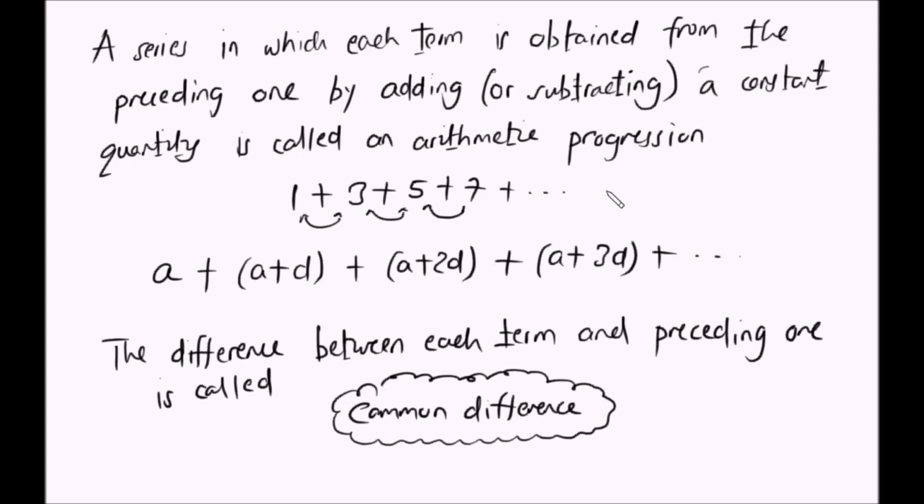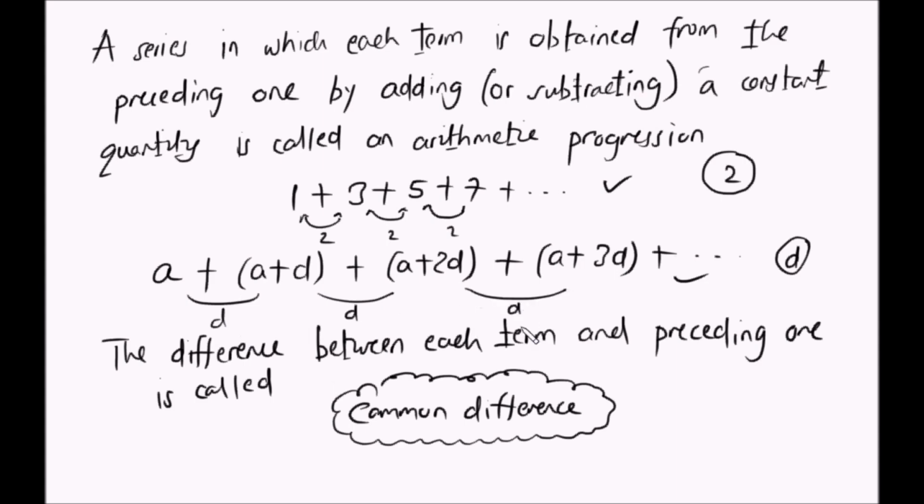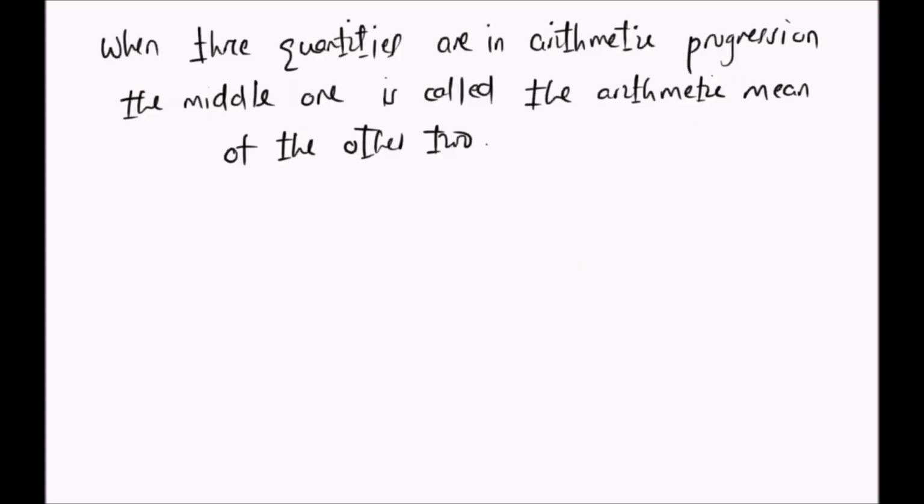For example, kwa case hii common difference itakuwa ni 2. Alafu kwa case hii common difference itakuwa ni nini? Ni D. Kwa sababu hapa ni 2 2 2, alafu hapa ni D D D. So this is a common difference.